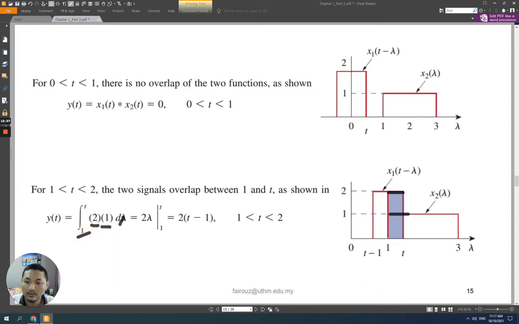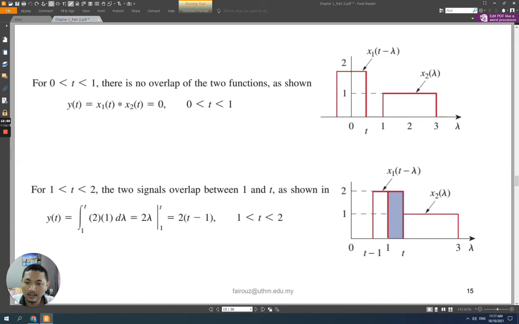Take note, from 1 to t. Why? Because this is the region that has overlap. You only integrate the region where there is overlap, so in this case from 1 to t.